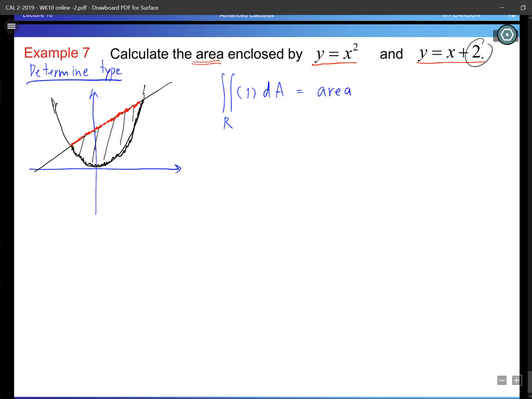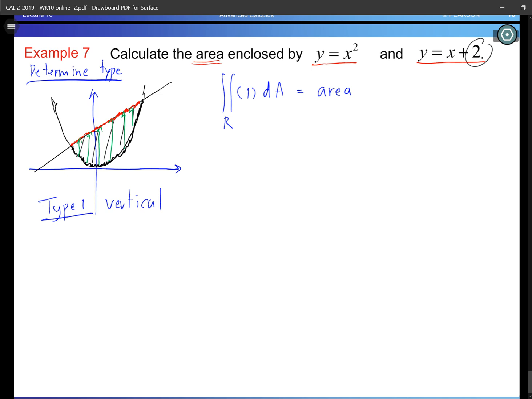When you see it this way, it means that you are supposed to sweep from the lower function to the upper function, and you repeat it throughout the region. So this is type what? Type 1, because you sweep it vertically.